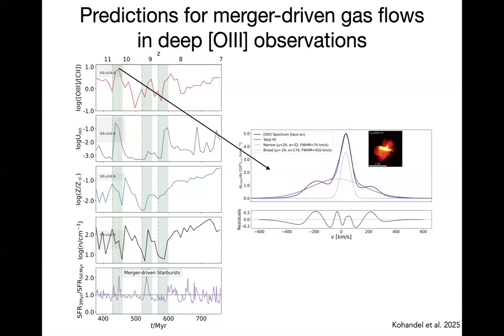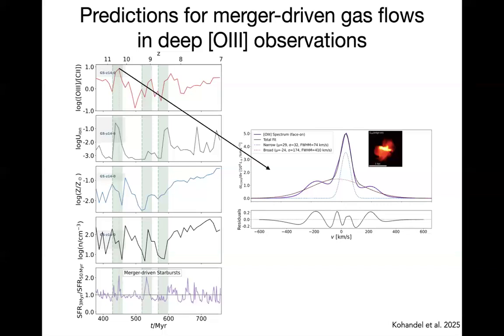So this is kind of showing it might be that these are outflows that are produced during this post-merger phase. But as a kinematics person, I don't find that idea convincing.